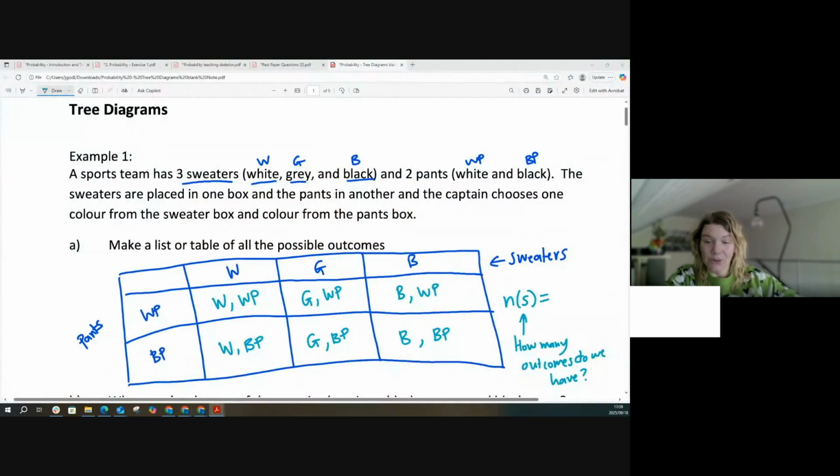Yeah, we've got 6 different outcomes. We've got outcome 1, outcome 2, outcome 3, outcome 4, outcome 5, outcome 6. 6 outcomes.